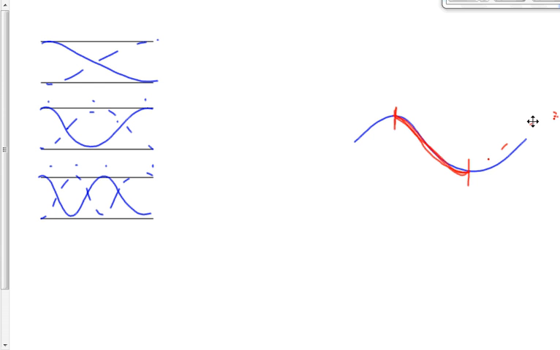So again, just like we did with the guitar that was attached at both ends, we're going to say L is equal to a half of lambda. Lambda is equal to 2L. Here we'd say L is equal to lambda, or lambda is equal to L. Here we'd say it's 1 1/2, or L would be equal to 3/2 lambda. Lambda would be 2/3 L.